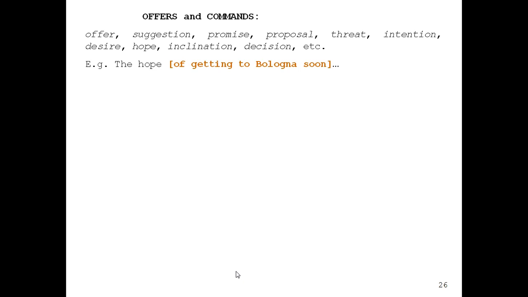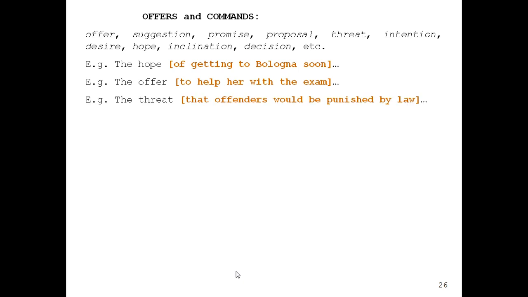Okay, let's see an example. The hope of getting to Bologna soon was very important to me, for example. Again, if you take away of getting to Bologna soon, you don't know which hope we're talking about. The offer to help her with the exam was very nice. Same as above. The threat that offenders would be punished by law.